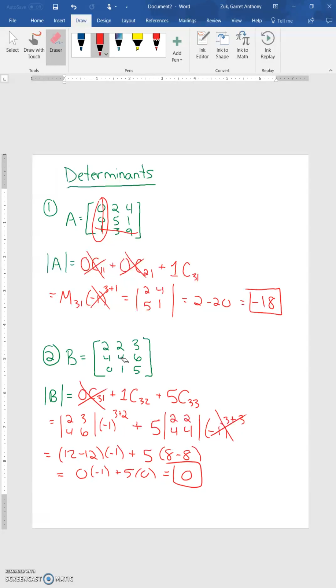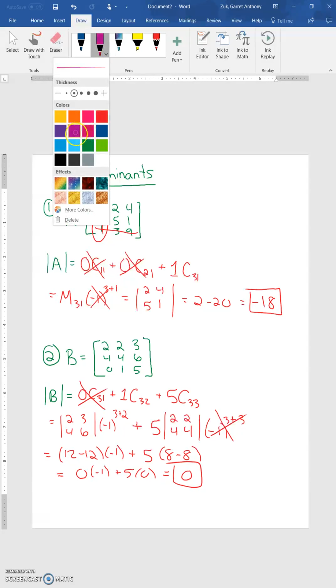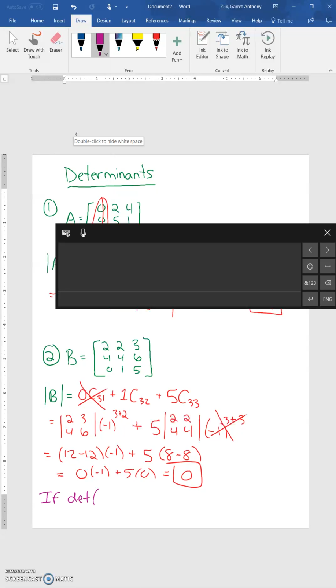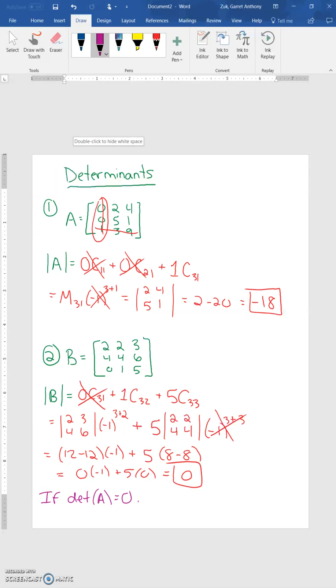So in general, go ahead and make sure you have this written down somewhere. If the determinant of, say, a matrix A equals 0, then it is singular. We talked about last week, what does that mean?